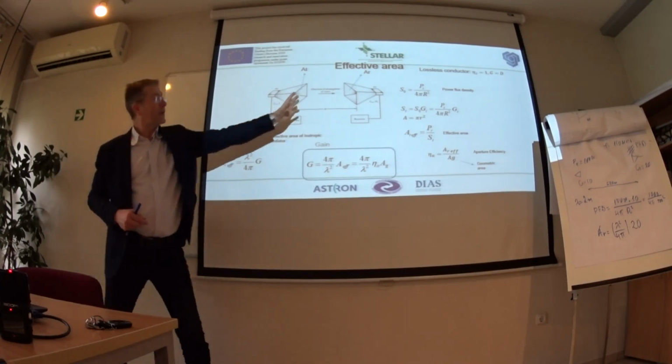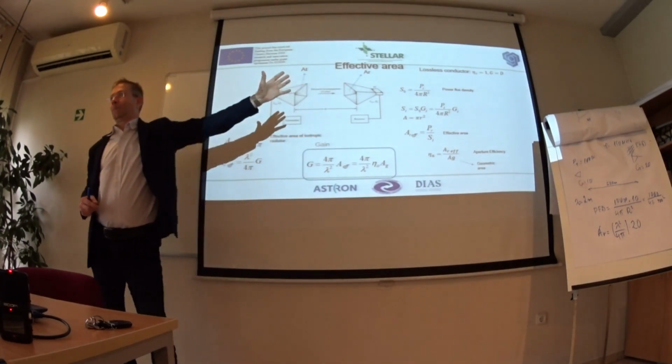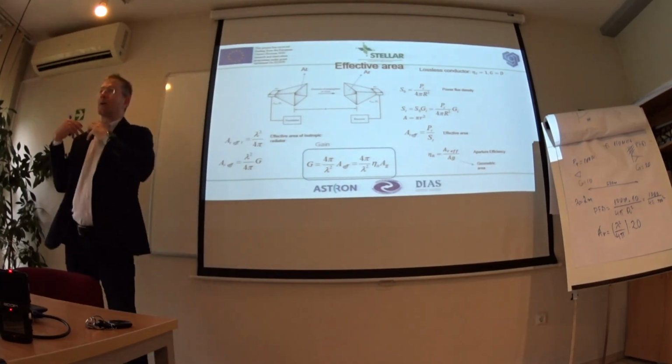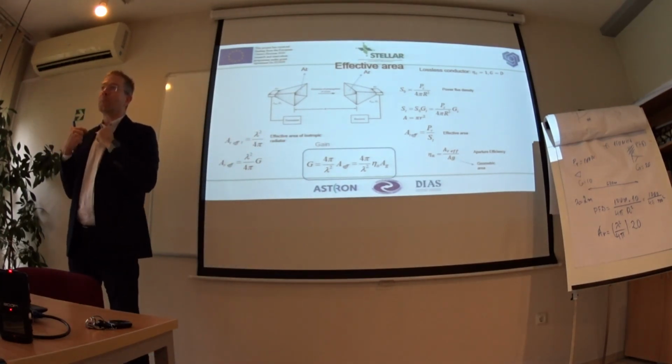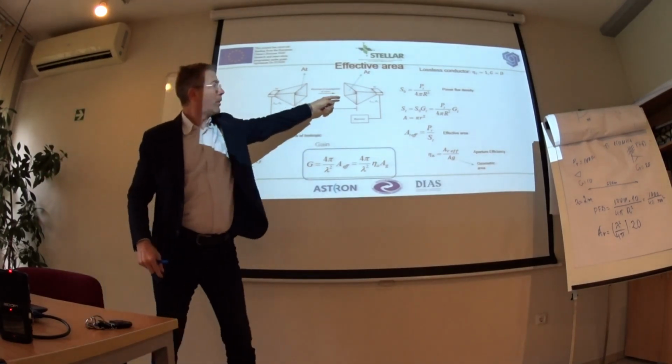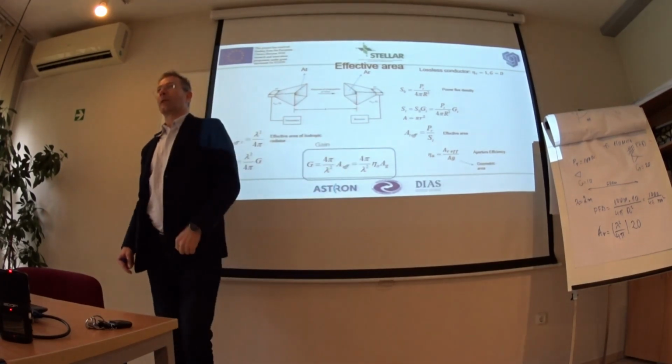So this is the effective area of the receive antenna. We multiply the area from which we are taking the energy times the power flux density in watts per square meter. We get how much power will enter the receiver.